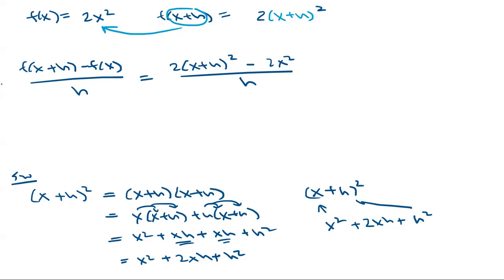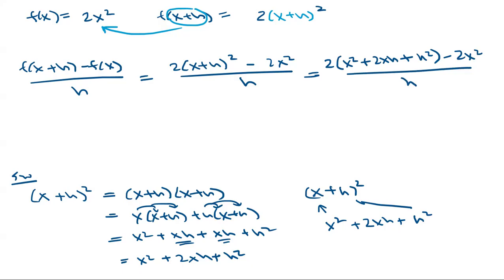All right, and then once you have that, then we can just plug it in here. So this first part, we have 2 times x squared plus 2xh plus h squared, minus 2x squared, divided by h.